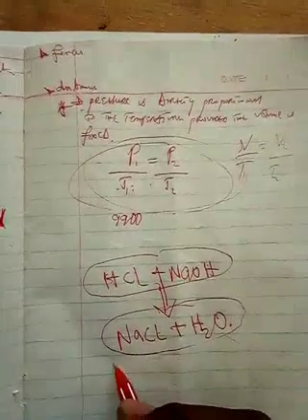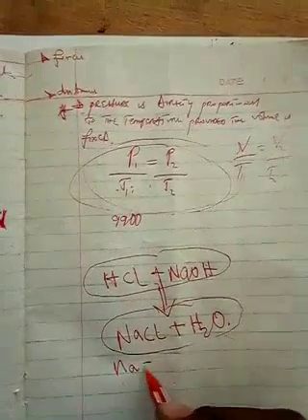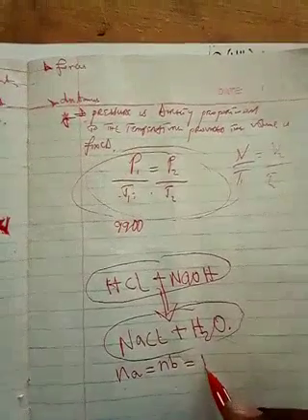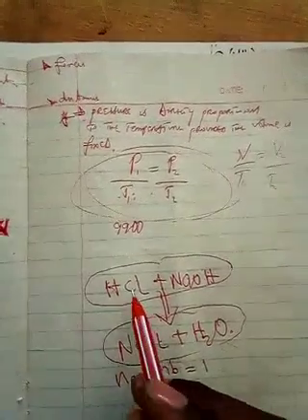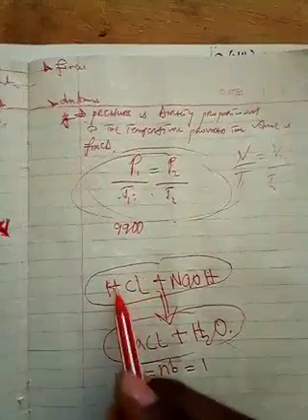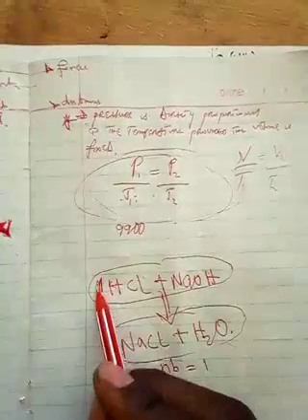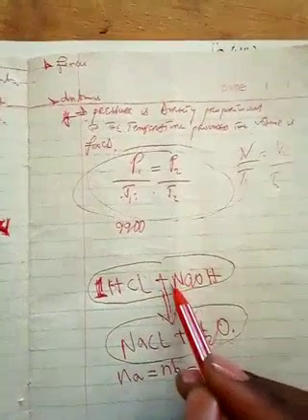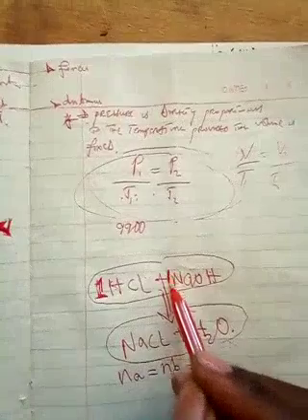In other words, your Na is equal to your Nb, and that is going to be equal to what? Equal to 1. Because our acid here is hydrochloric acid. It's just 1. That's the stoichiometric coefficient. The sodium hydroxide as well is just having a 1.